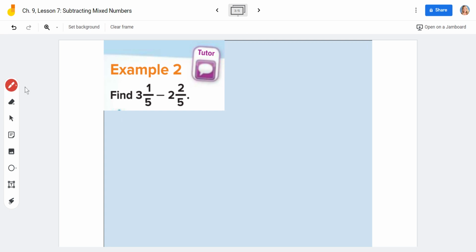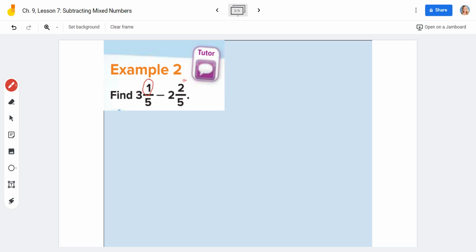So here they want us to find 3 1/5 minus 2 2/5. So the first thing you need to check is, does your largest whole number come first? And out of 3 1/5 and 2 2/5, yes, my largest whole number comes first. Then you have to check your numerators.